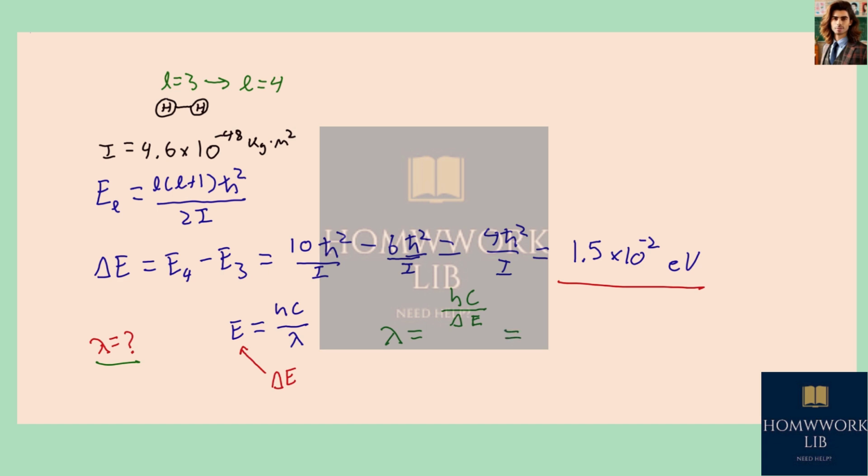And if you work it out, you get, to two significant digits, 82 micrometers. So, relatively large wavelength in the grand scheme of these atomic systems.